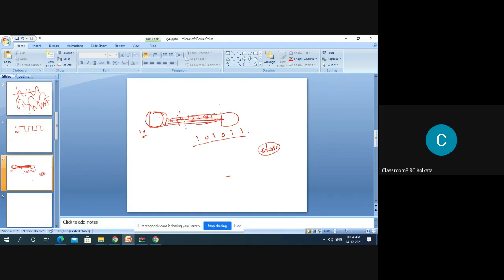After the start bit, send this bit. After completion of this bit sending, then the stop bit. It means one bit sending is completed. Then again start bit and send this bit. Then stop bit. Then again start bit, send this bit, then stop bit. So before one bit, a start bit, and after one bit, a stop bit. So start and stop bit.